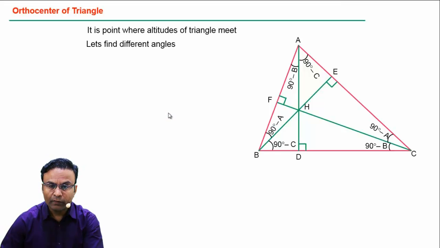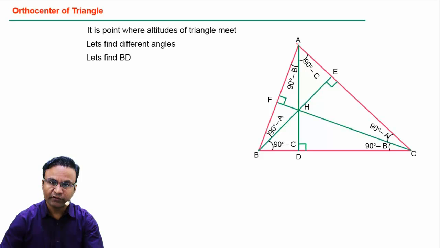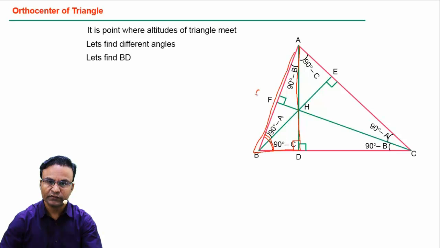Okay. Now let's find some sides related to this figure. One of the sides is BD. How do you get this BD length? To find any length, you first of all consider that length in one of the triangles. Here we consider triangle ADB. In this triangle, this angle is 90. This angle is B and this length is C. We can say BD is the projection of AB on side BC.